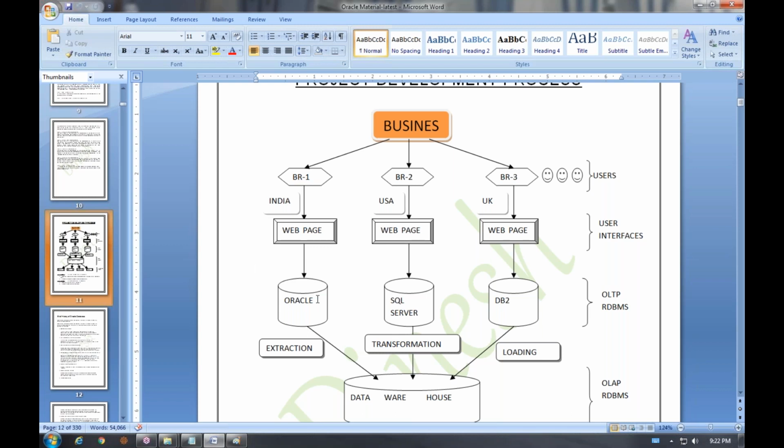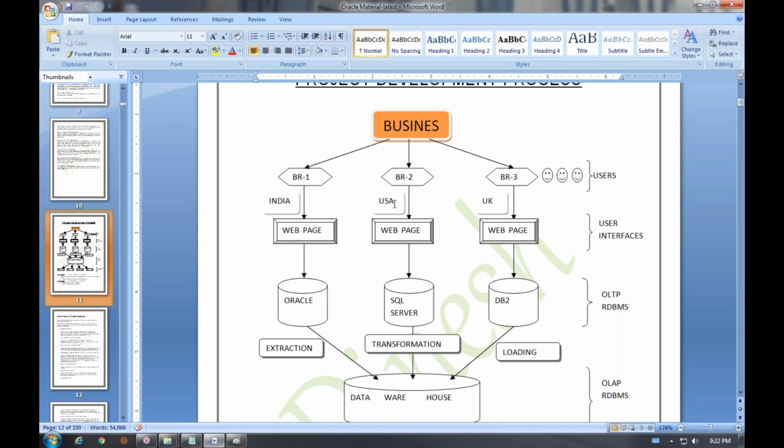Once March 31st night, 12 o'clock, they will load the data into the data warehouse, and from April 1st onwards, here you can see the current data.